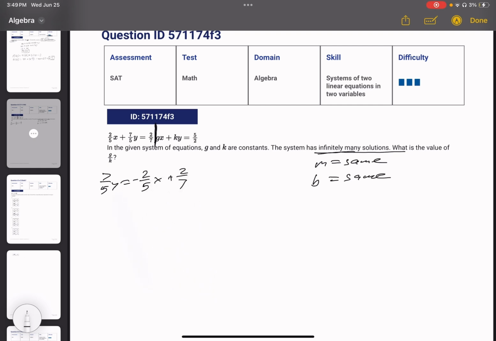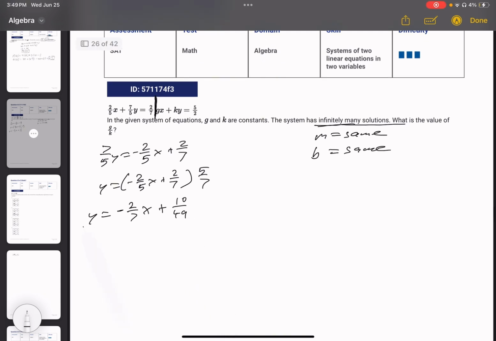And then we're going to solve for y. So y is going to be equal to negative 2 over 5 x plus 2 over 7 times 5 over 7. And then we simplify this and we get y is equal to negative 2 over 7 x plus 10 over 49. Okay, so that's our first equation.